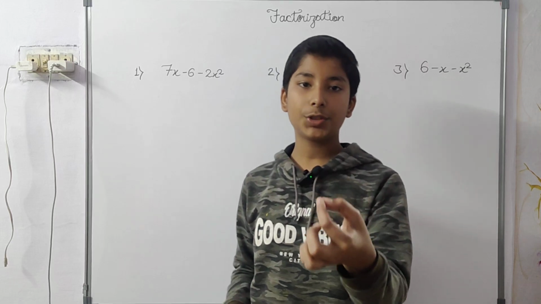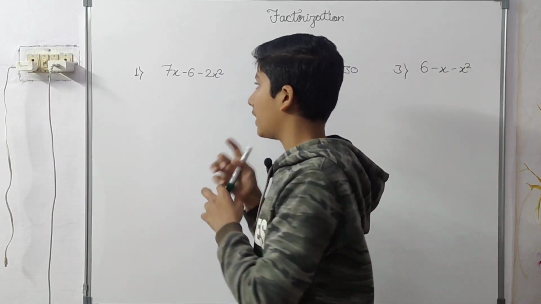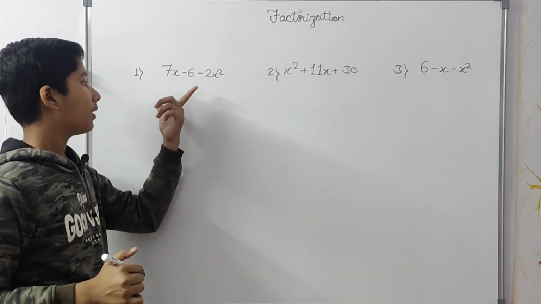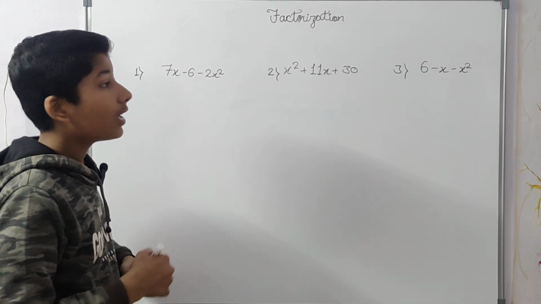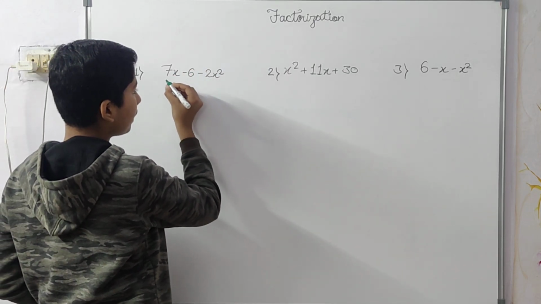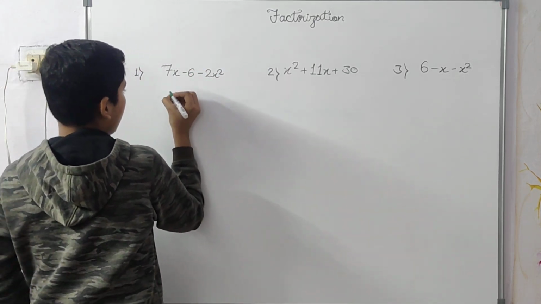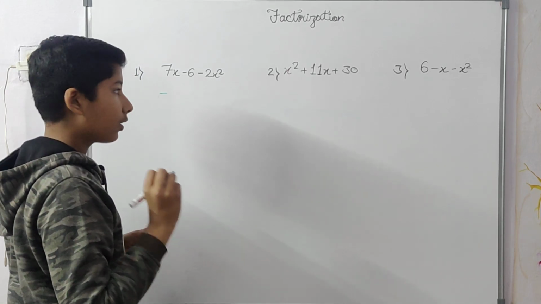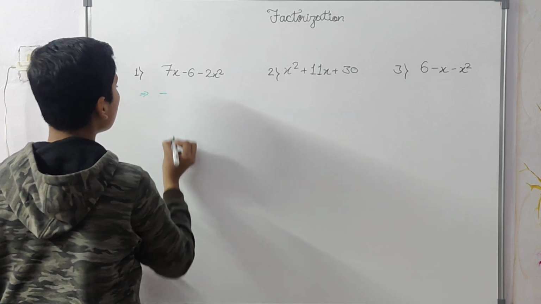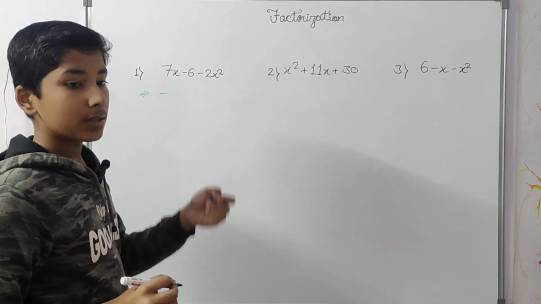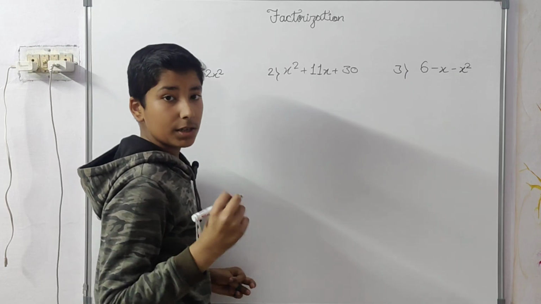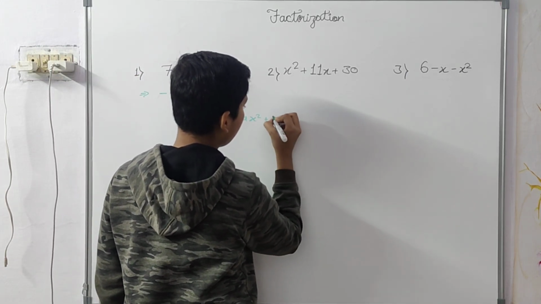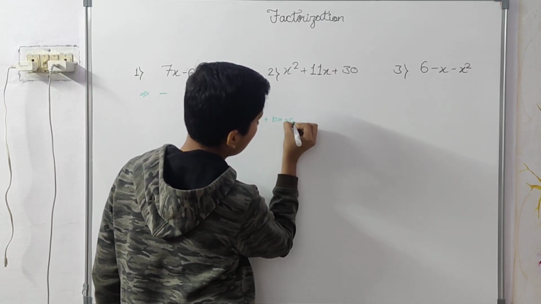Friends, I have written 3 questions of middle term splitting over here. We'll start with the first one. But you might get this answer wrong. Why? Because the arrangement of this equation is done wrong, so you can get confused and do a wrong solution. So we will arrange it with x square first. See, the arrangement of a quadratic equation is ax square plus bx plus c.